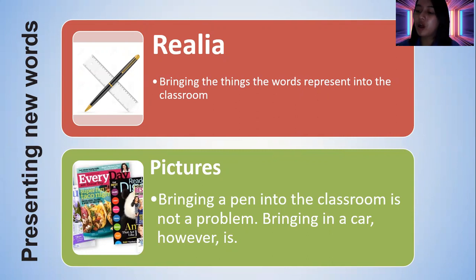For example, drawings or pictures, magazine pictures, charts, flashcards, etc. They can illustrate concepts such as above and opposite, which is extremely important for young learners.